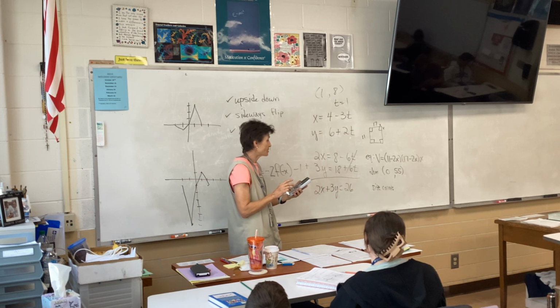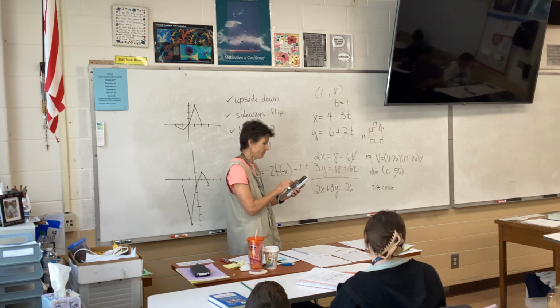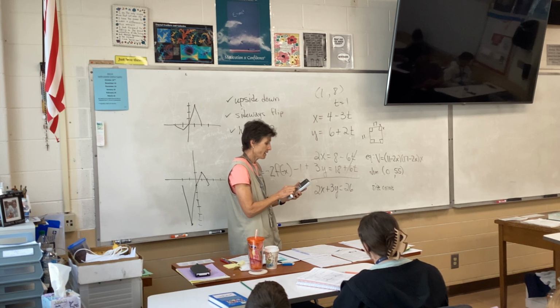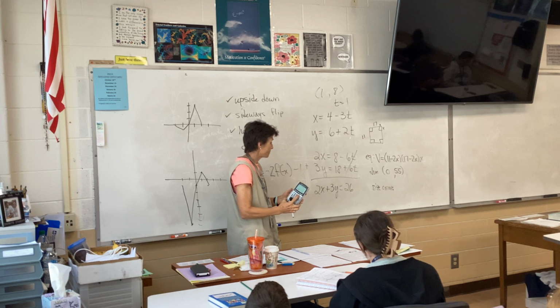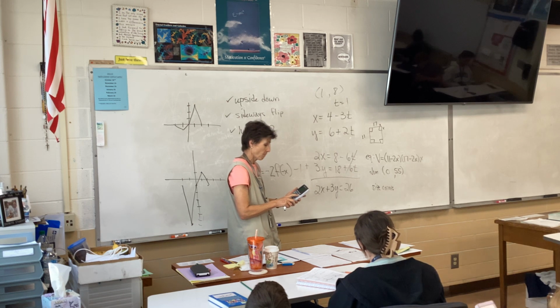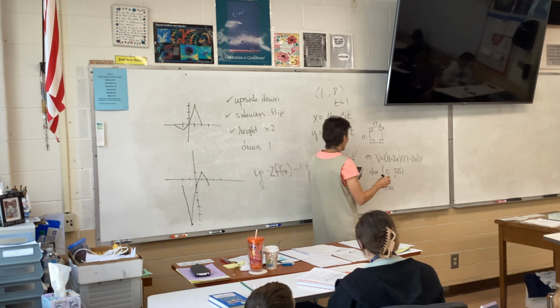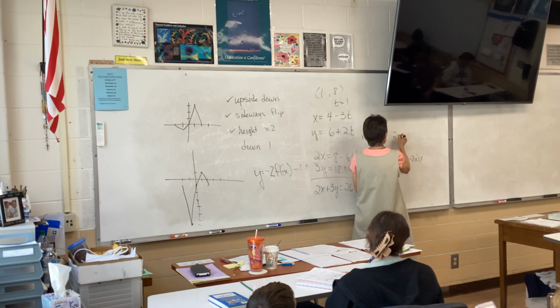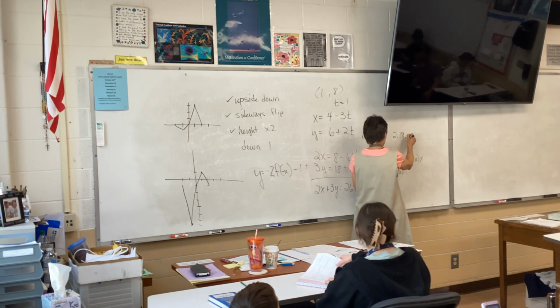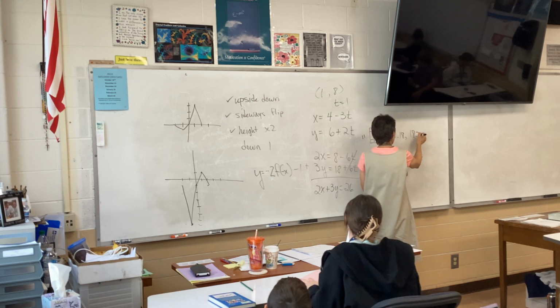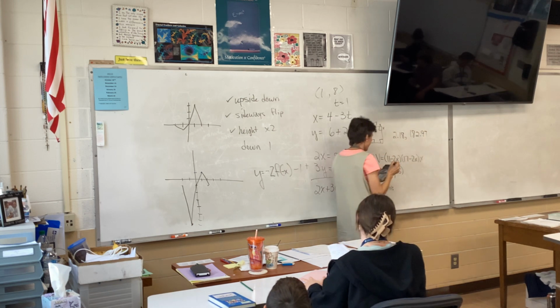Make any adjustments you need till you see the mountain. Then second calc, max. Set my left bound, my right bound, right smack dab in the middle. I got 2.18, comma, 182.97. Anybody else get that?